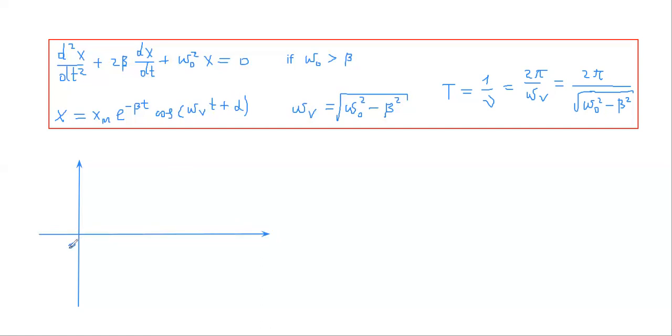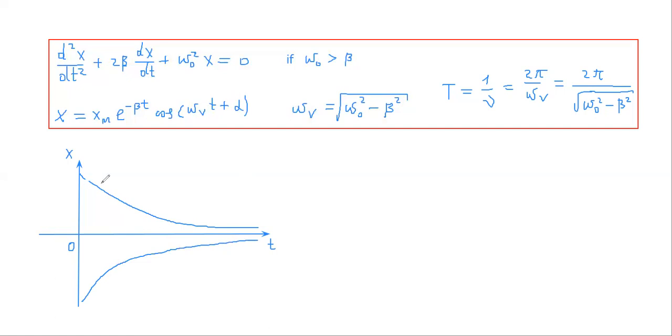For example, here we have 0, time coordinate, x coordinate, and here we can draw these two dash lines.